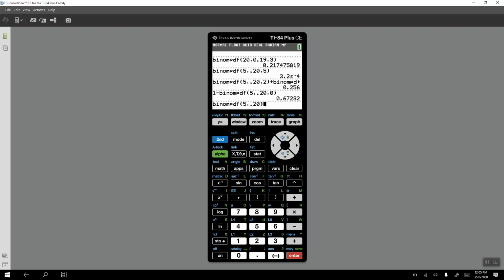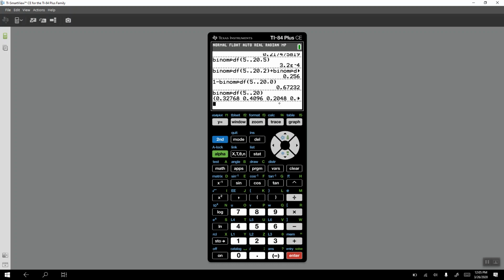There we are. What you're telling the calculator to do now is to generate all of the probabilities given by this distribution where we have 5 trials and the probability of success is 0.20. Hit enter. It should provide you with a list. The first number is 0.32768. The next number is 0.4096.